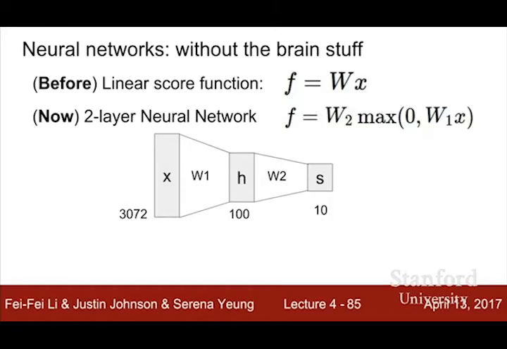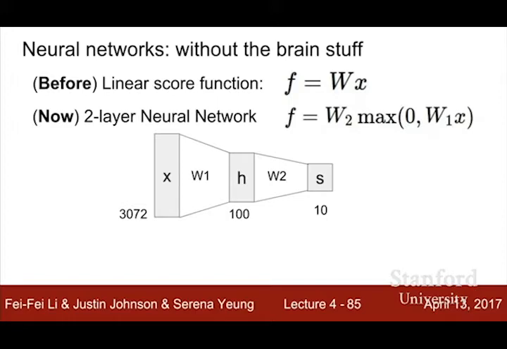And it's really important to have these nonlinearities in place, which we'll talk about more later, because otherwise, if you just stack linear layers on top of each other, they're just going to collapse to a single linear function. Okay, so we have our first linear layer, and then we have this nonlinearity. And then on top of this, we'll add another linear layer. And then from here, finally, we can get our score function, or our output vector of scores.